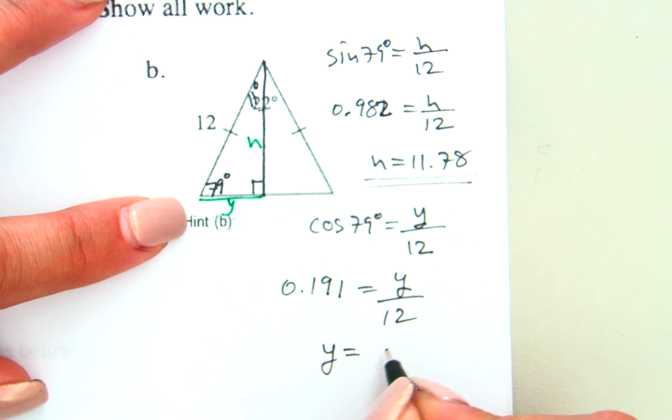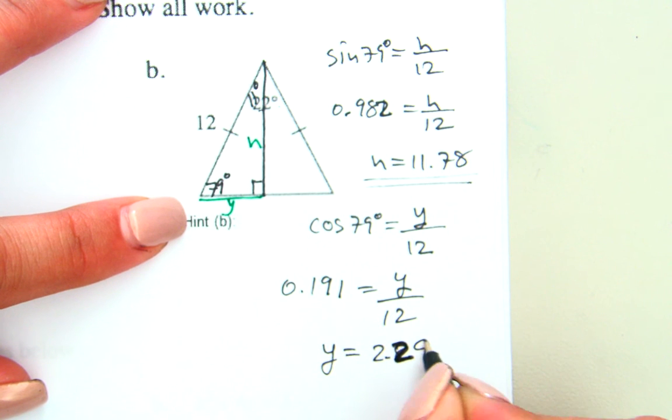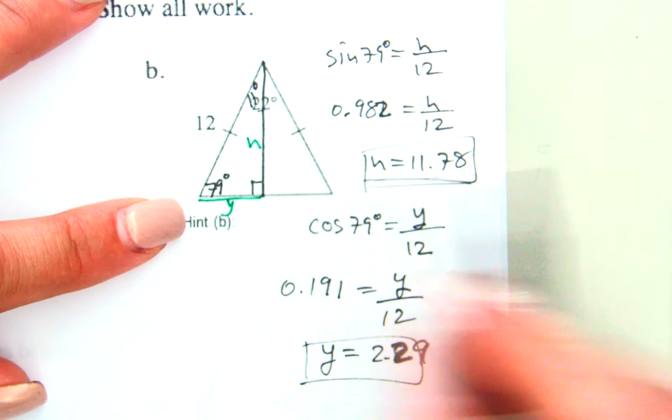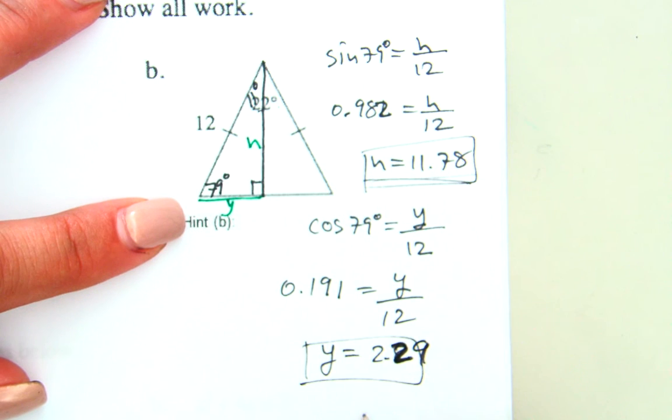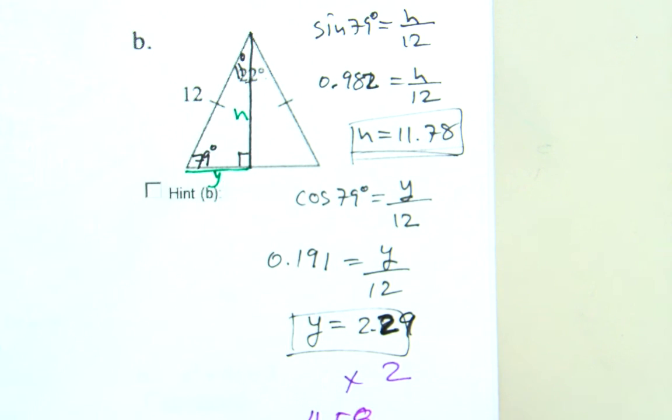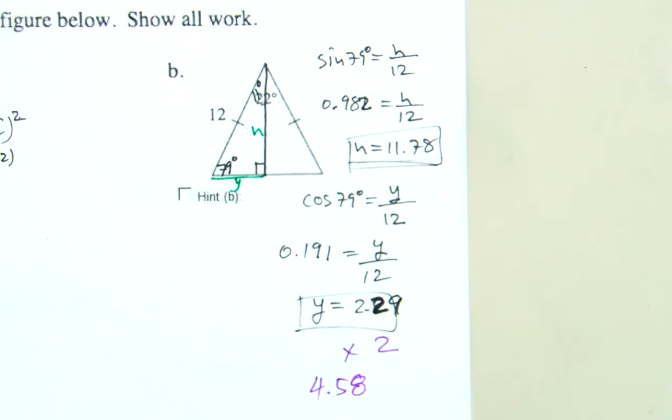So y is going to equal 2.28. Let's just say 2.29. Okay, so that's y, but double that. So times 2 is going to be 4.58. So that's going to be the base of this triangle.